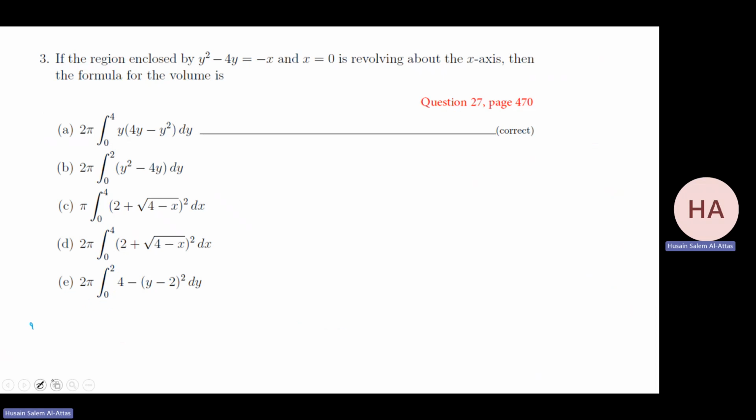Okay. Now I have this parabola, which is what? I have minus x equal y squared minus 4y plus 4 minus 4, which is y minus 2 squared minus 4. So I have 4 minus x equal y minus 2 squared.